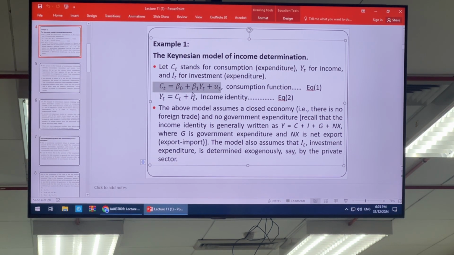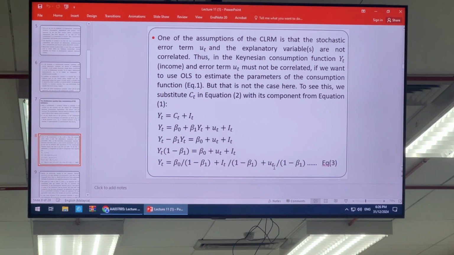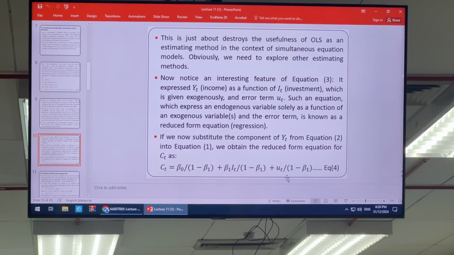So the alternative way is that you convert this equation into the reduced form equation, which is given by equation 4. Equation 4 is the reduced form equation for the first equation.